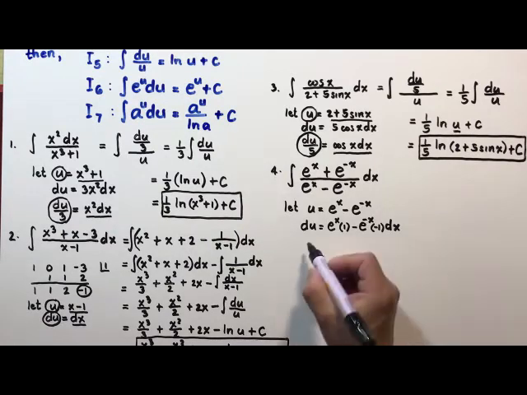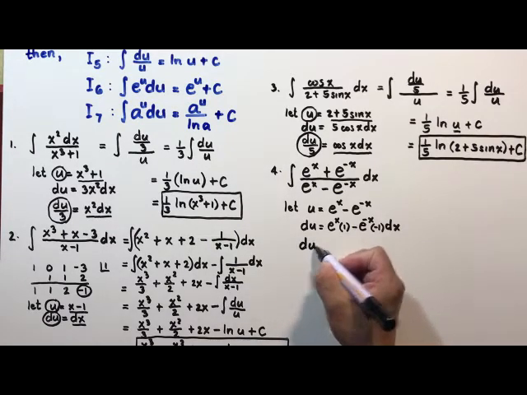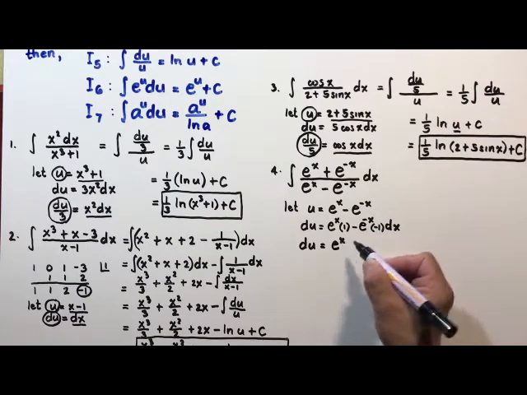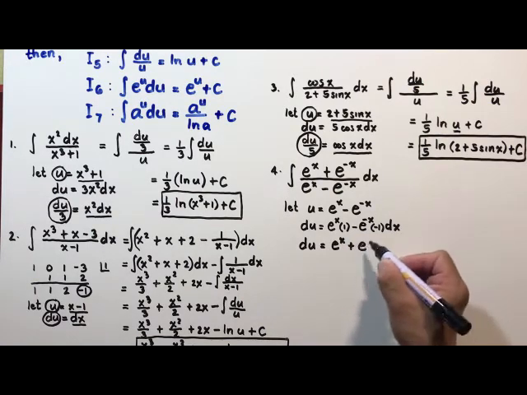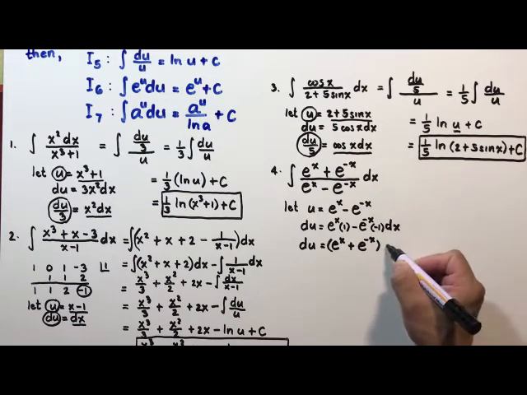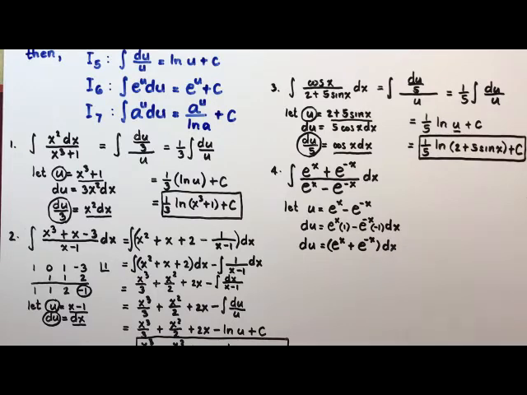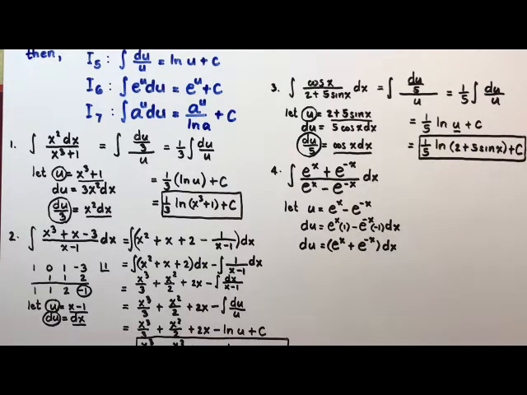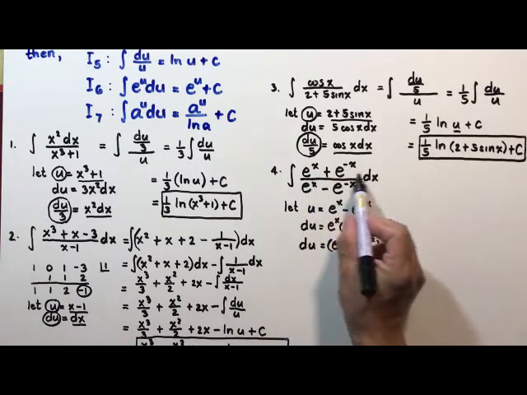And you notice that when you simplify this one, this is equal to e to the x plus e to the negative x quantity multiplied to dx. Why plus? Because the negative times negative is positive. And you notice that this one is our numerator.